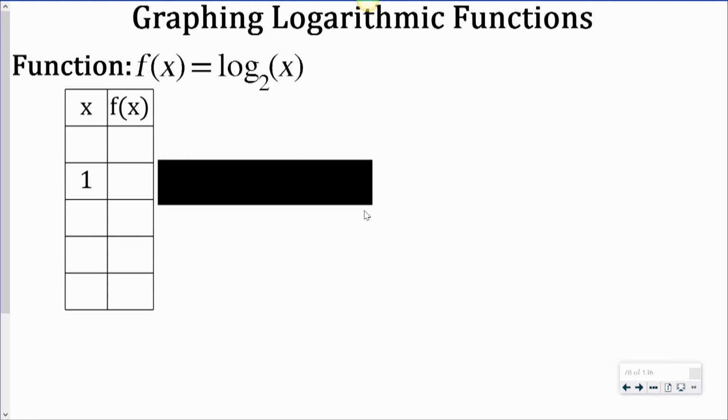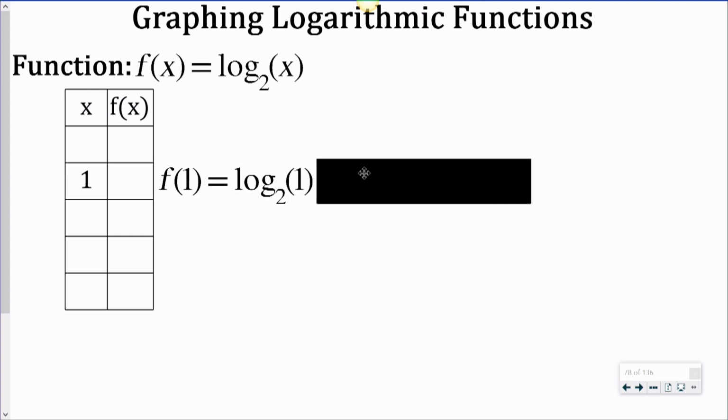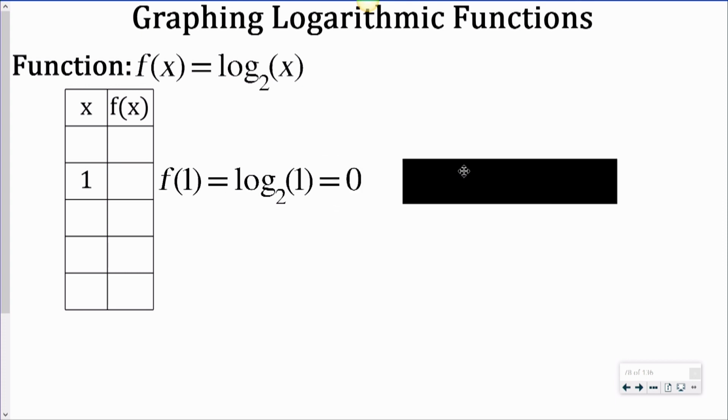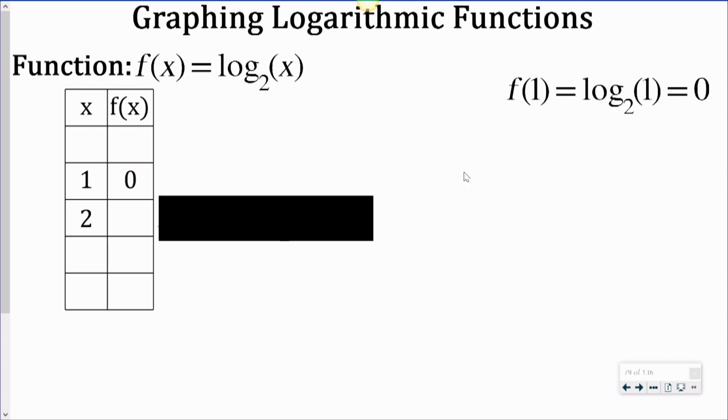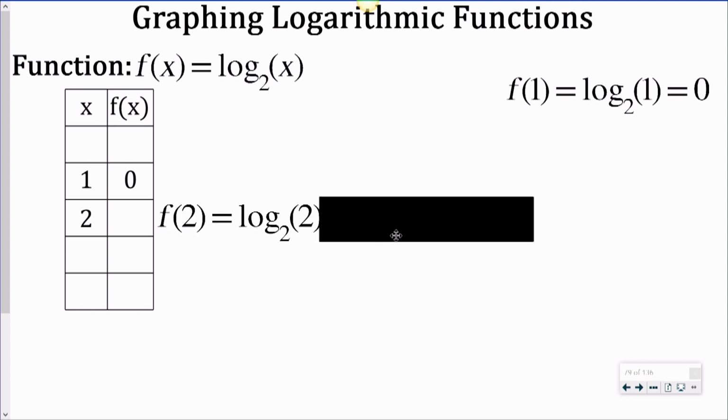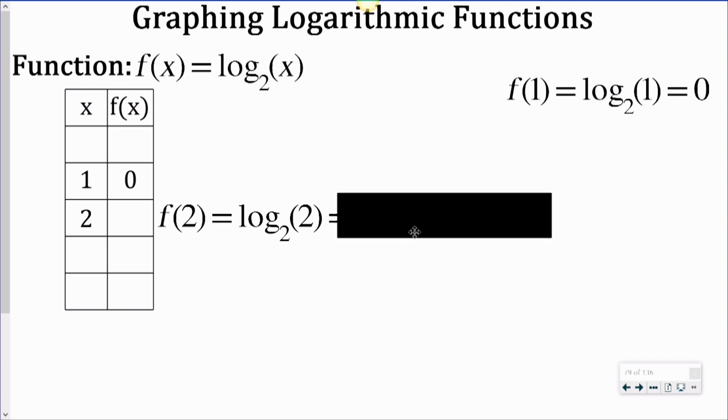So our question is, what can we raise 2 to in order to produce 1? 0, right? What can we raise 2 to in order to equal 2? We can raise it to 1.